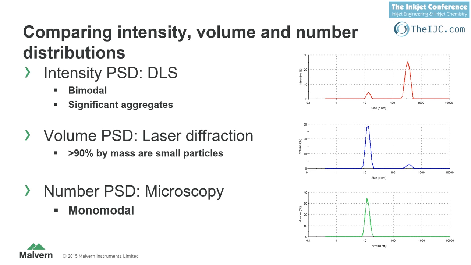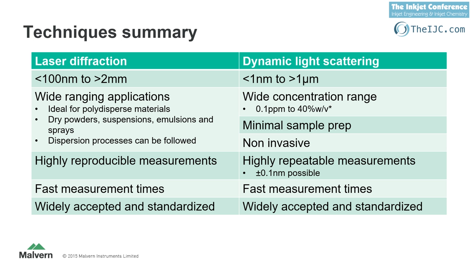We're counting them, so we get equal contribution whatever the size. And it may only be one or two large particles that's causing that intensity peak, so they don't become significant in the number distribution. So if you get particle size results, it's very important to find out how they've been measured and what they're reporting in terms of the distribution that they're producing.